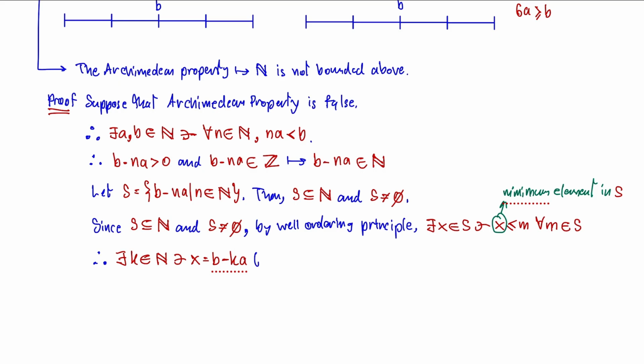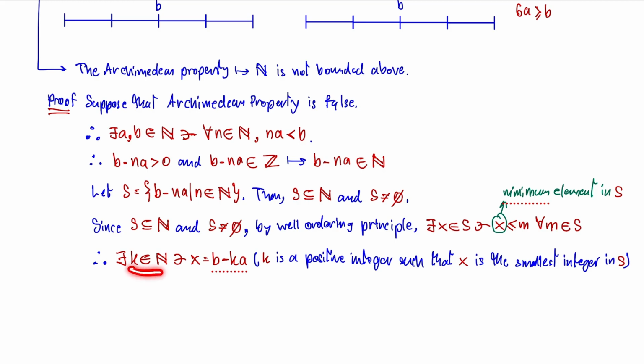This means that k is a positive integer such that x is the smallest integer in set S. That is the meaning of having k in this context.